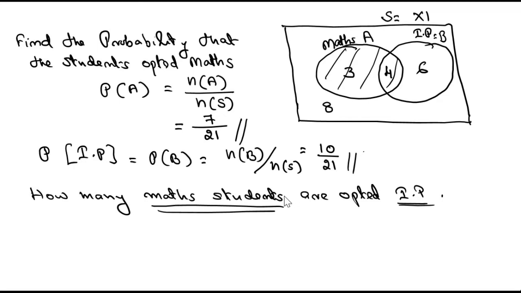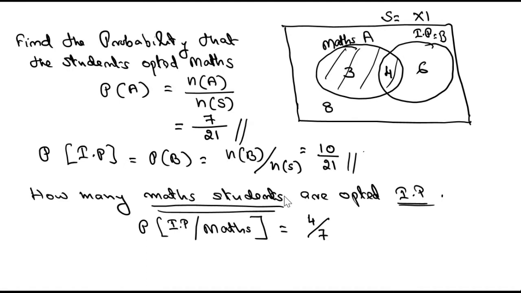So we will write this as the probability of IP students who opted maths. Here how many IP students are there? 4 students. In total, how many maths students? 4 plus 3, 7.